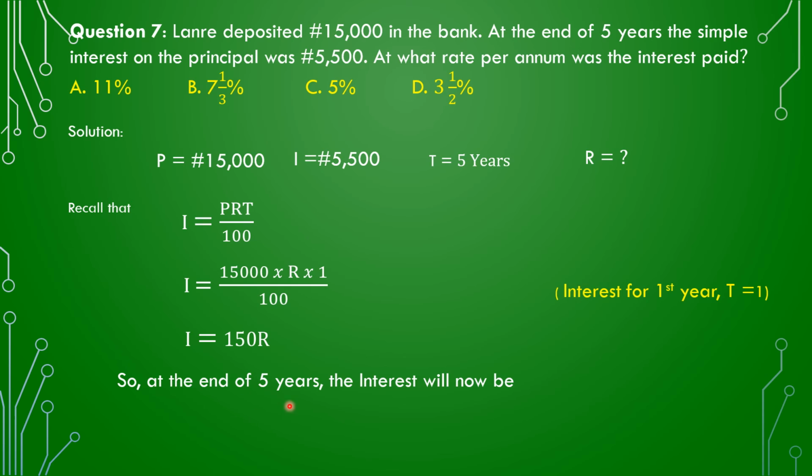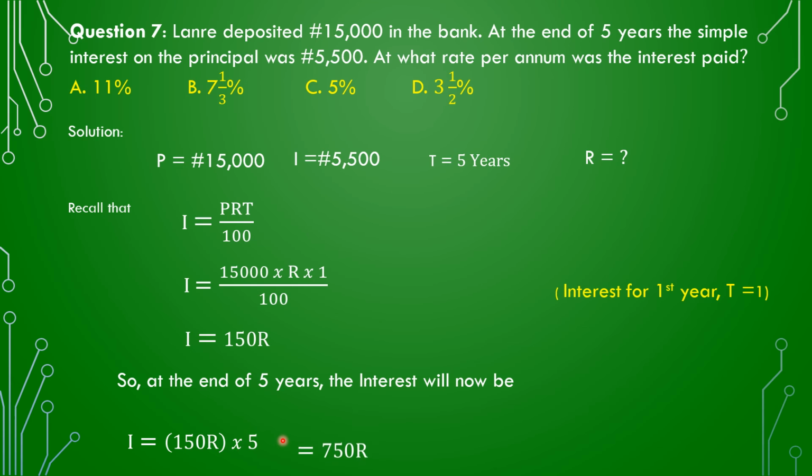So at the end of 5 years, the interest will now be, because this is not the interest for the first year. Since we have known the interest for the first year, to know the interest at the end of 5 years is very simple. The interest will now be the interest for this first year multiplied by 5, which is I equal to 150 R times 5.